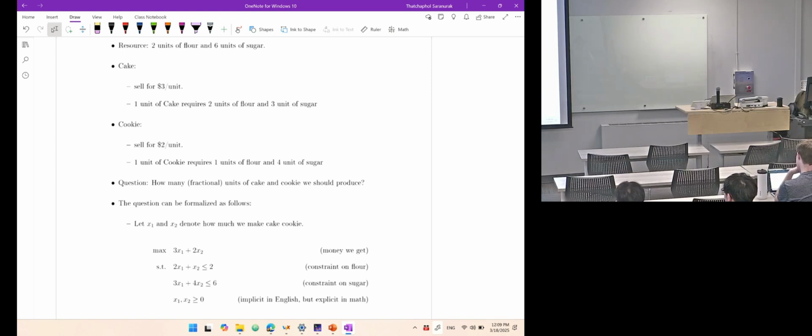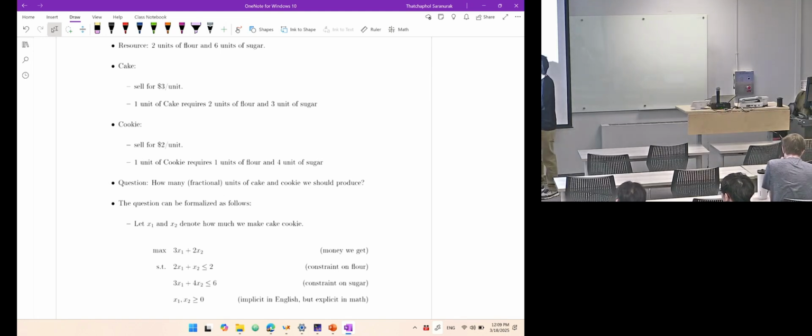For each unit of cake, you get $3, so you want to maximize 3x1. And for each unit of cookie, you get 2, so plus 2x2. Whatever units you make of cake and cookie, this is the money that you get. You want to maximize this.